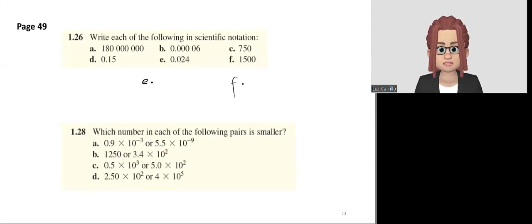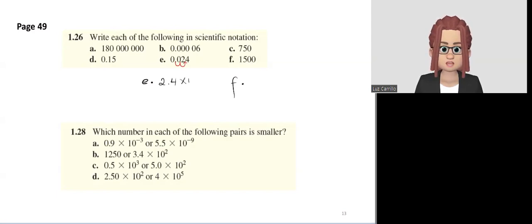On letter E, we observe that that is a small number. In the case of small numbers, we need to take that decimal place and move it 1 time, 2 times, so we create a value that is at least 1 and less than 10. That means that 0.024 turns into 2.4.